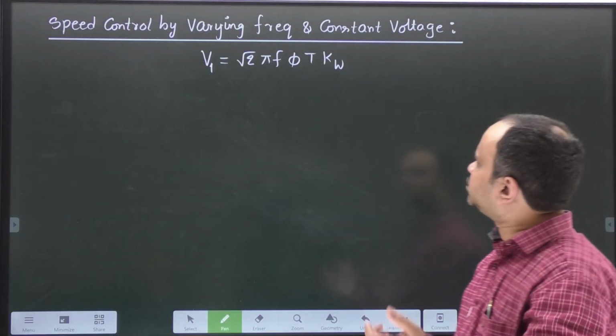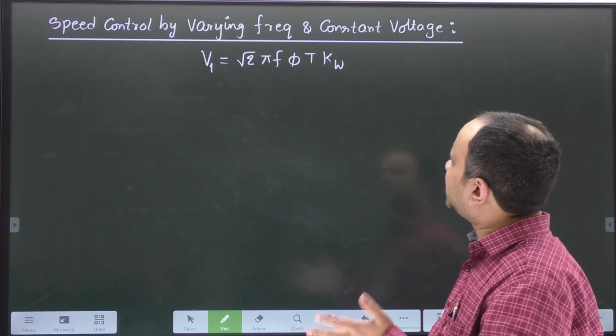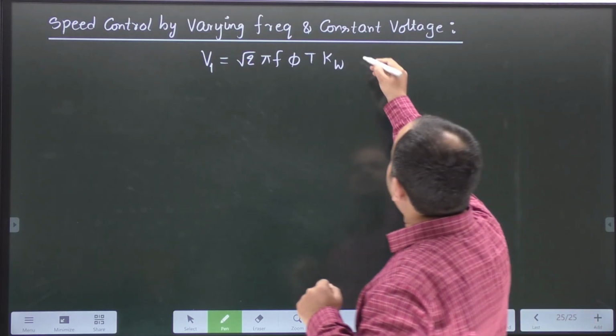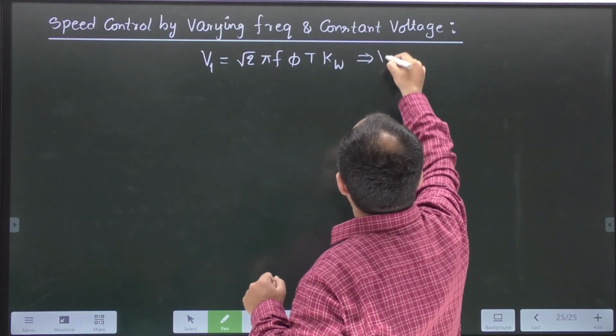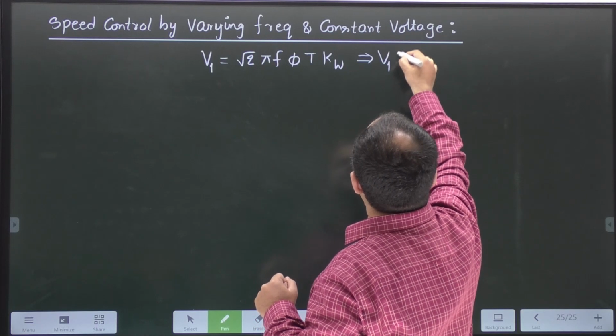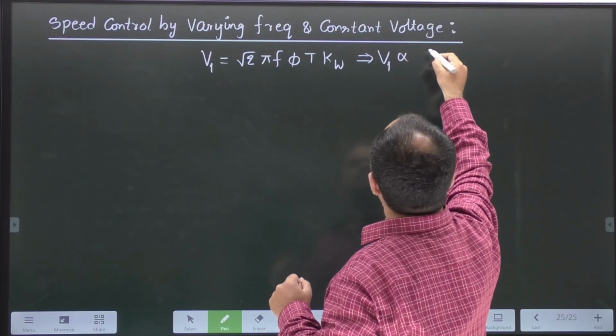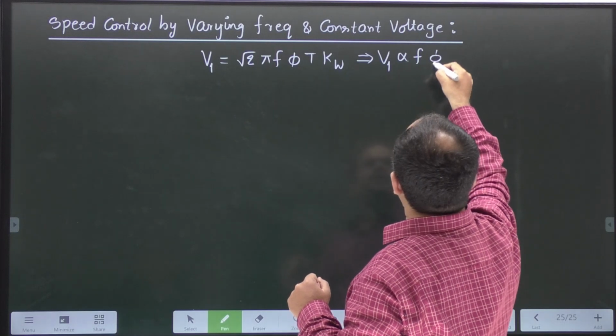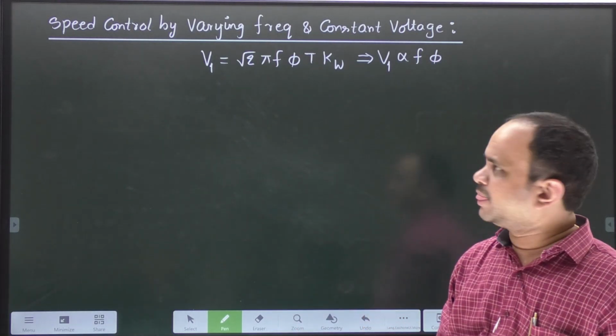I don't know what symbols you learned in induction machines class. The point here is the EMF equation can be expressed like this: V1 is proportional to frequency multiplied with the flux.